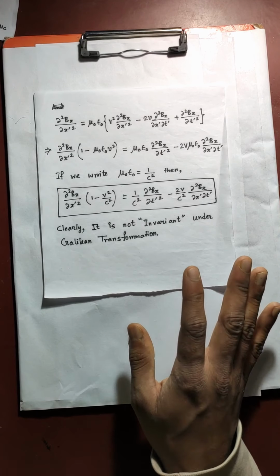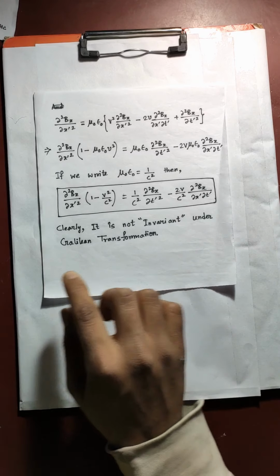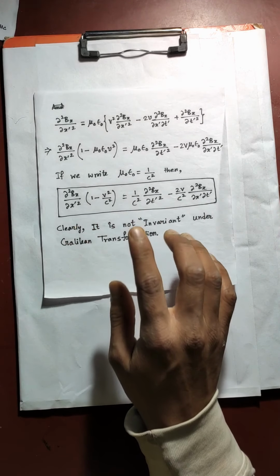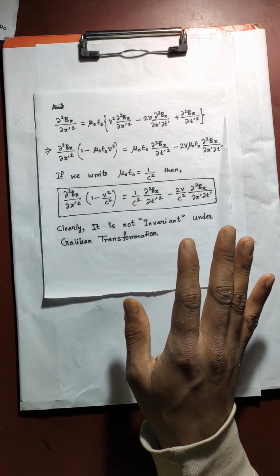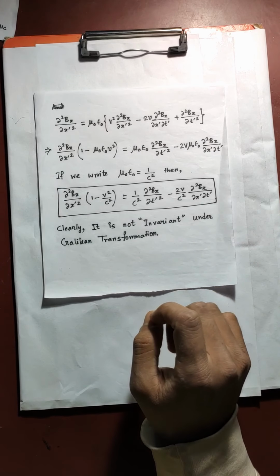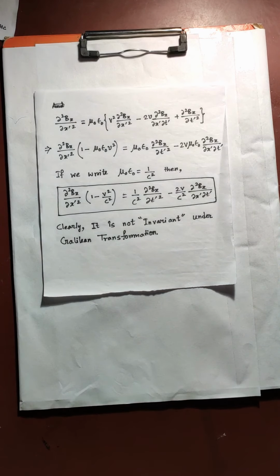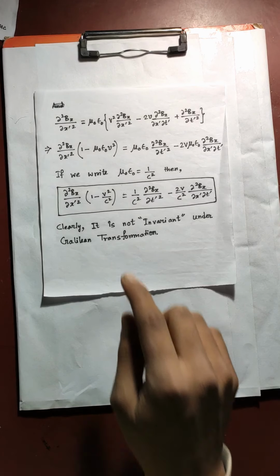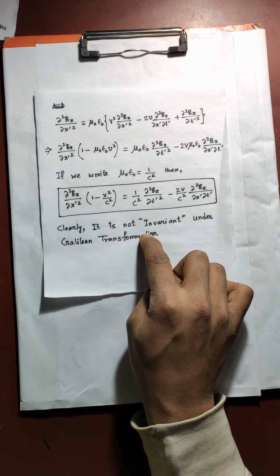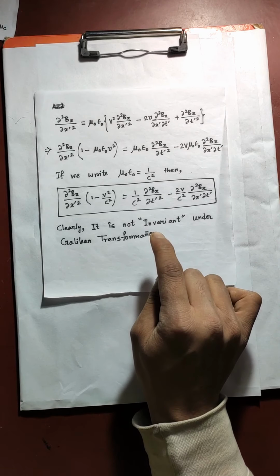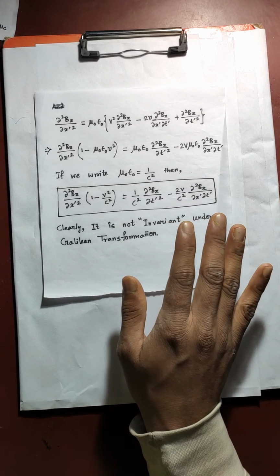They do remain invariant under this transformation, but here we can see that the electromagnetic wave equation is not invariant under Galilean transformation. So we hit another problem. In the first lecture we hit one problem, that the Lorentz force law gives us different sets of equations of motion under inertial frame transformation, and again we are saying that under inertial transformation the electromagnetic wave equation is not invariant.